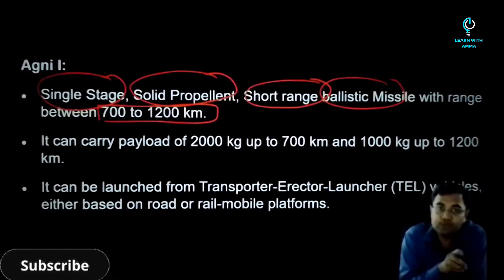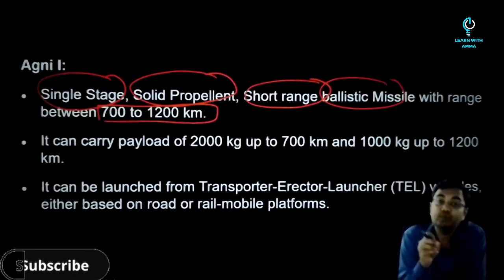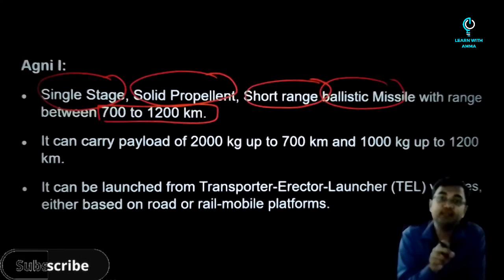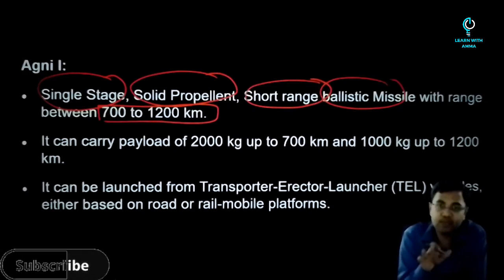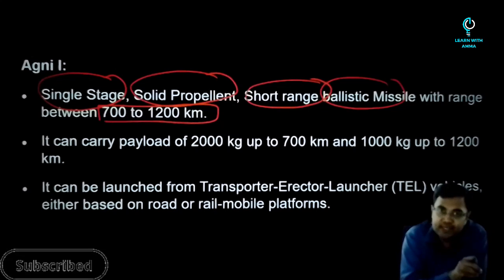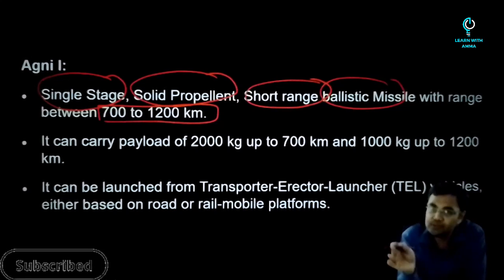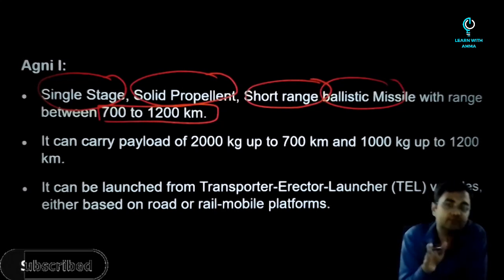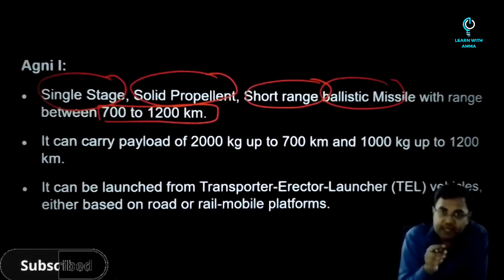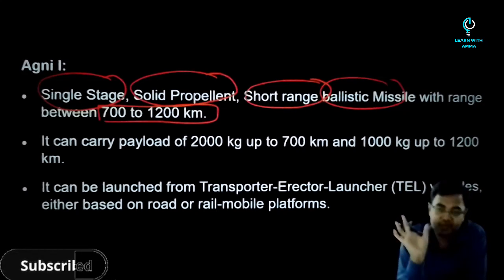As far as the payload goes, it can carry up to 2000 kg of payload. But when it is carrying 2000 kg of payload, it would be able to go up to 700 kilometers. And if the payload is decreased, if the payload is 1000 kilograms, in that case, it will be able to go up to 1200 kilometers. So the range that has been defined for Agni 1 is between 700 to 1200 kilometers.